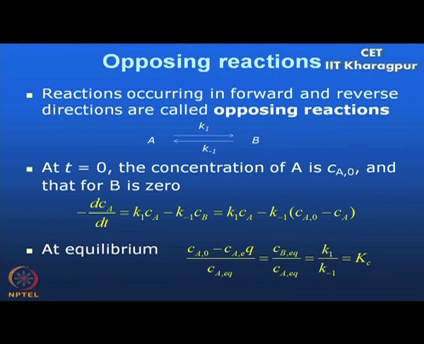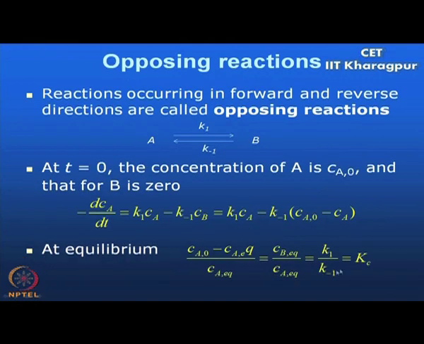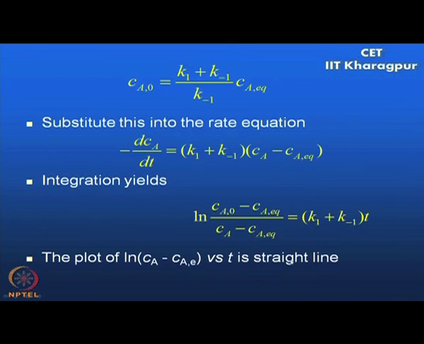From this you can get Ca0 is equal to (K1 plus K minus 1) by K minus 1 times Ca equilibrium. And then substitute this into the rate equation.